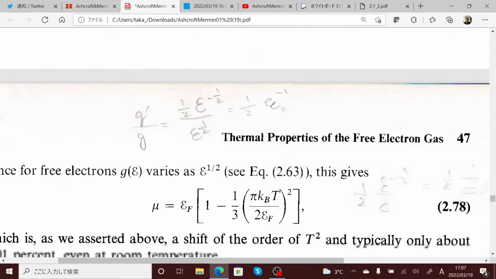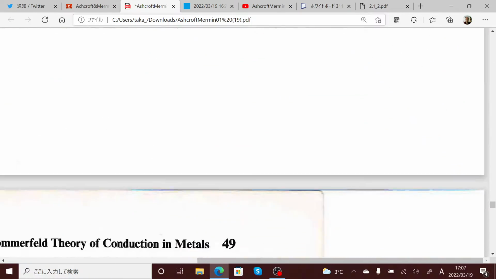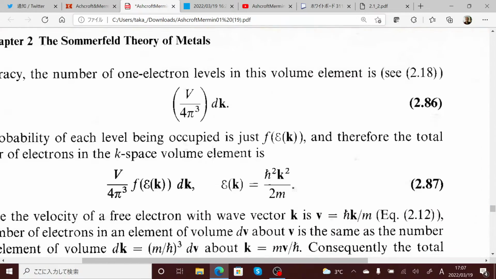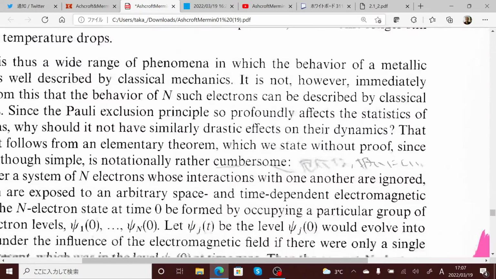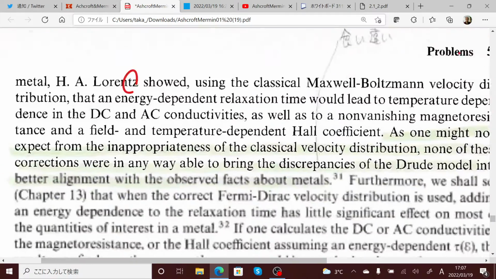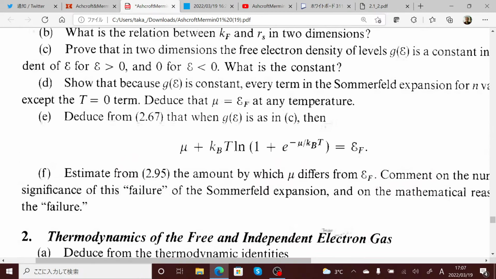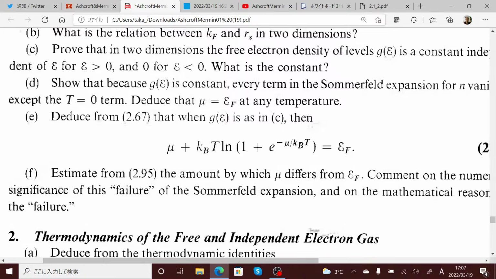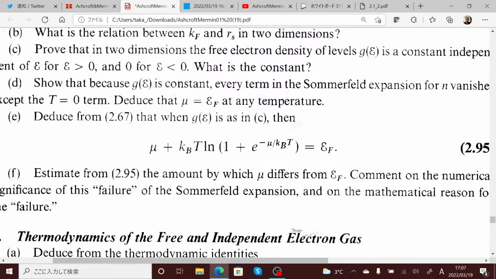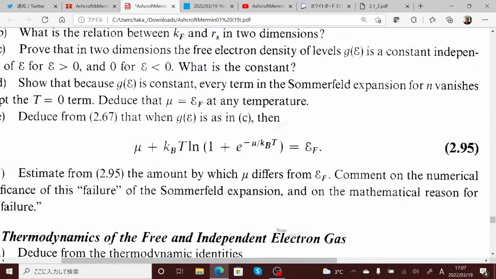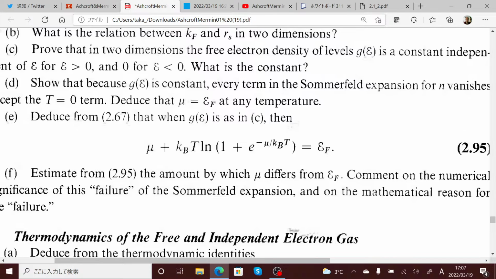Sorry, I don't remember the problem. I don't understand this. Mu plus kbt log.